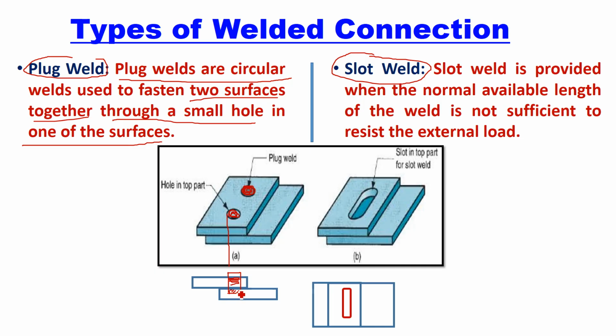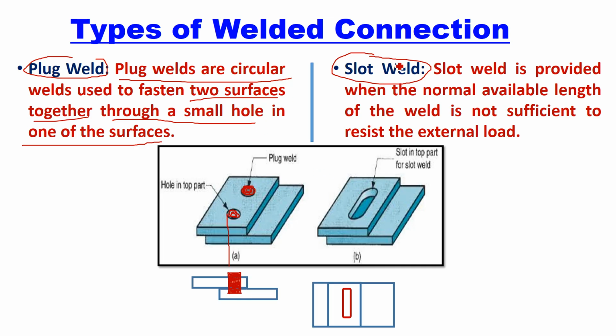So if you provide a circular hole completely on the top plate and partially on the bottom plate, and then welding is done, this is called a plug weld. A circular hole is provided on one plate completely, and a partial hole is provided at the lower plate, and then welding is done. This is called a plug weld.